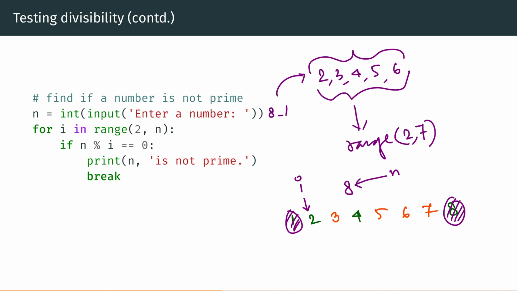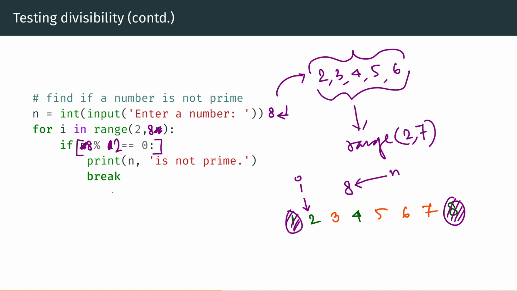The user entered 8. Now this n would be 8. This would be 2 comma 8, which is 2, 3, 4, 5, 6, 7. Now if n is divisible by I, so initially I equals 2, is 8 divisible by 2? Yes, it is. This statement is true.